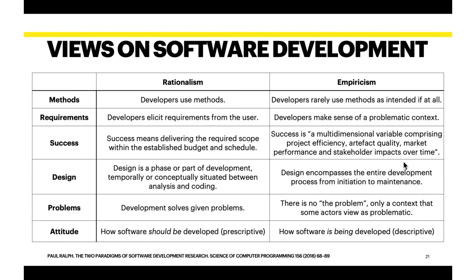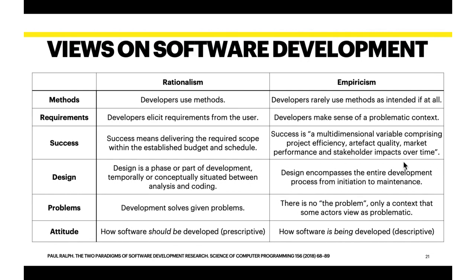I'm going to skip the notions of success and design. They are on your slide. I would like just to say that from the perspective of a rationalist, development solves problems. From the perspective of an empiricist, there is no such thing as the problem. Software development cannot solve the problem because there is no such thing.